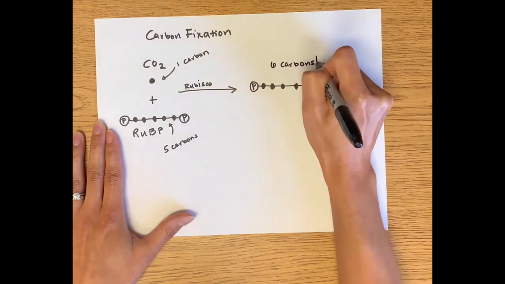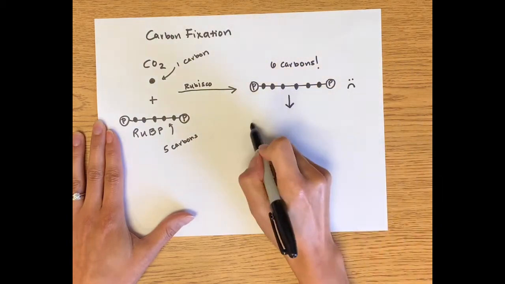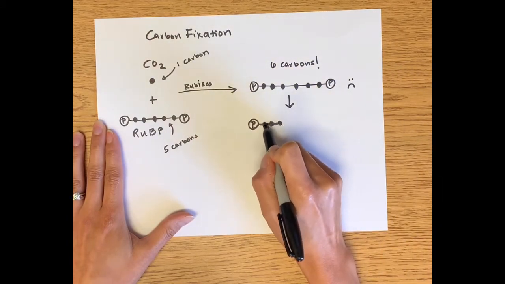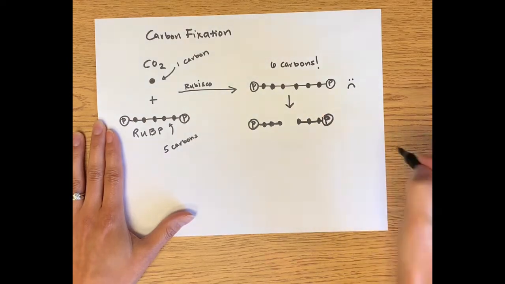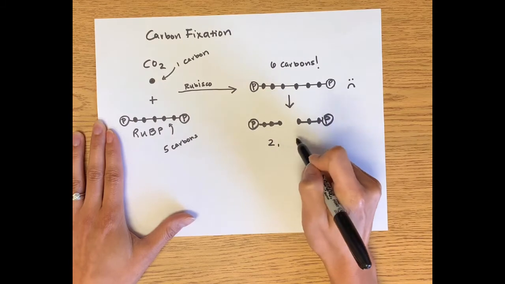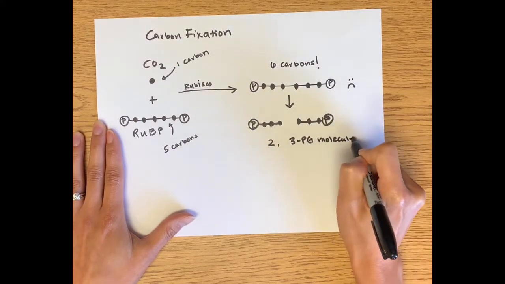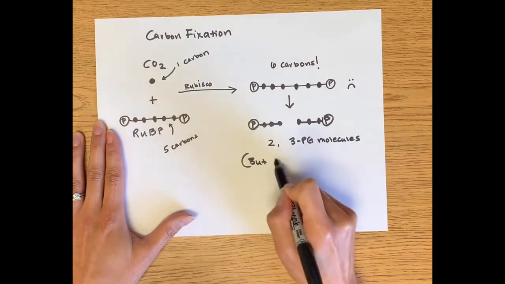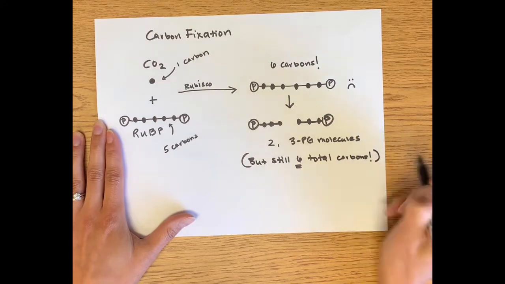But this 6 carbon molecule is unstable, and so it's going to break down into 2 3 carbon molecules known as 3PG. But note that there are 6 total carbons still.